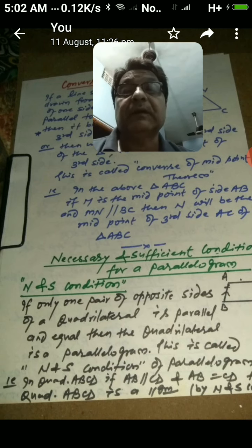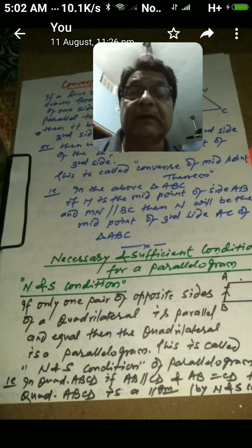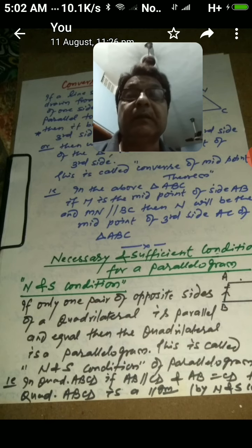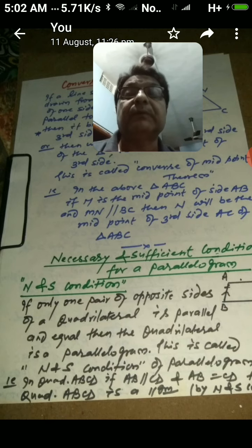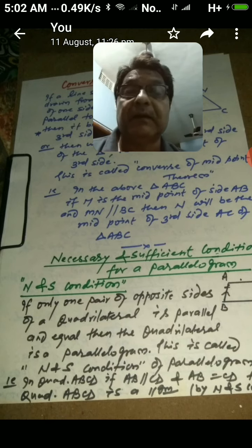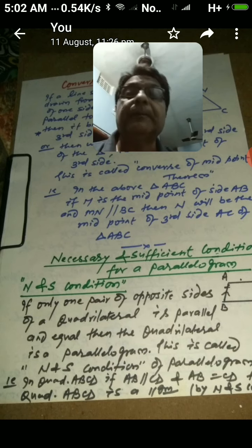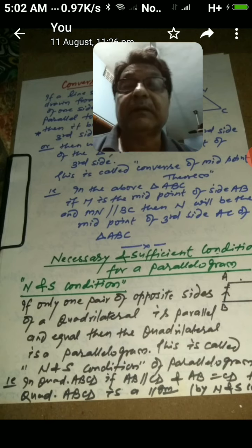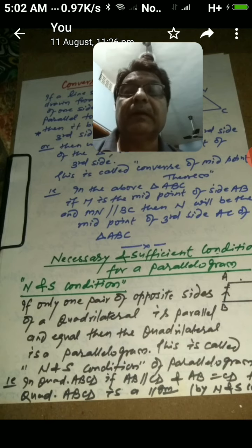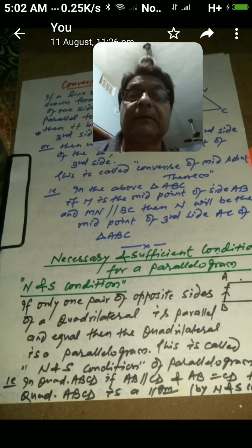According to this, if only one pair of opposite sides of any quadrilateral is parallel and equal, then by the N and S condition that quadrilateral will become a parallelogram. This is called the necessary and sufficient condition.